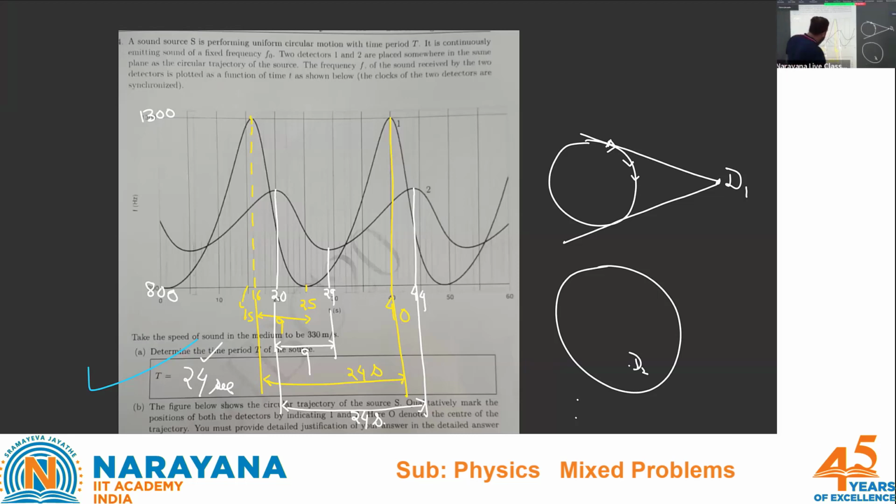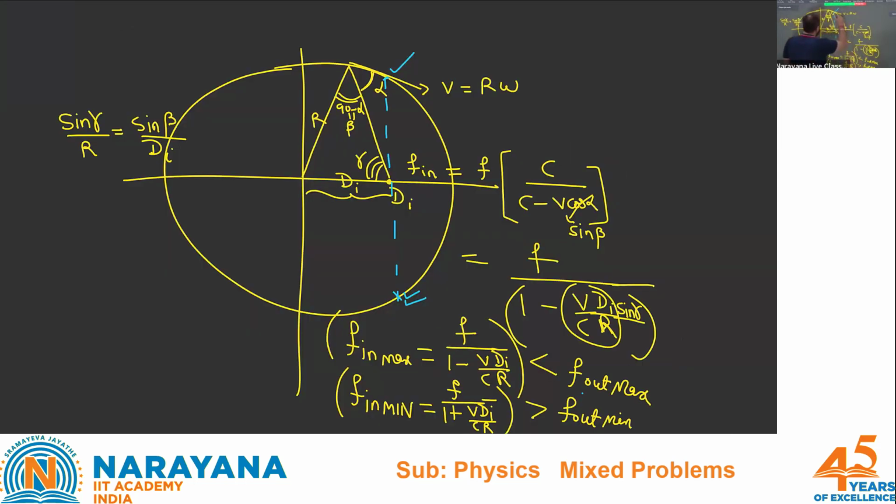This much is fine. Max to min, if you observe, you are getting 9 seconds here and 9 seconds also here. That basically means that the angle that this guy will traverse here, let me call this some theta naught, and in the second situation, when the same guy will travel like this, the angle that he will traverse here, these angles will be the same because he has got a constant omega.